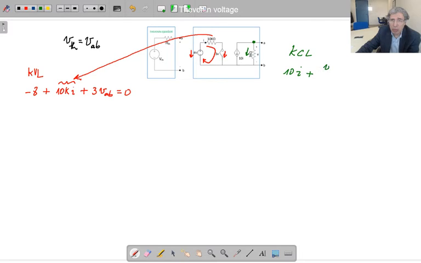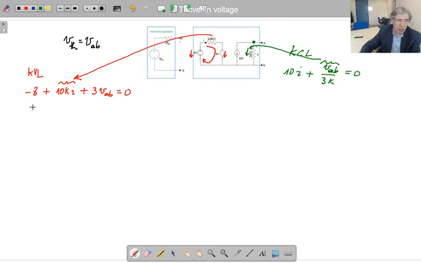So VAB over 3K equal to 0. What I wrote here is the Kirchhoff current law equation for this node. So this equation tells me that I can get rid of that I. So 10I is equal to minus VAB over 3K.